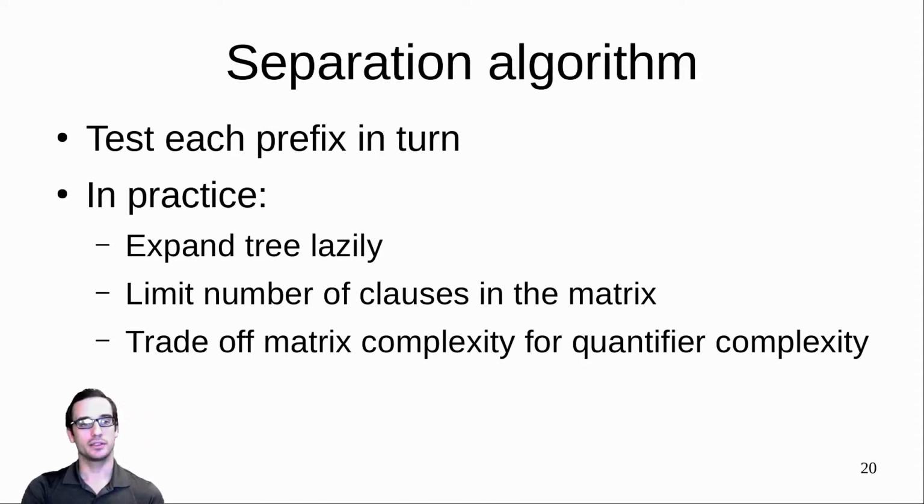So in practice, the algorithm we use differs from this naive version in a couple ways. We gain some performance by expanding the tree lazily. Also, instead of allowing any possible matrix, we limit the number of clauses the matrix can have when expressed in CNF form. This allows us to trade off both matrix complexity and quantifier complexity.